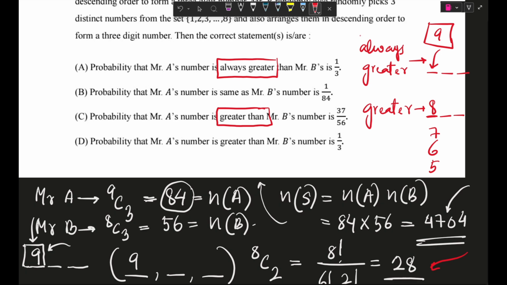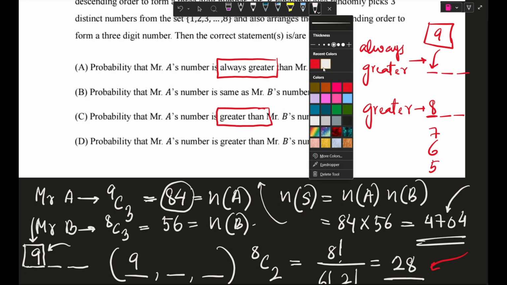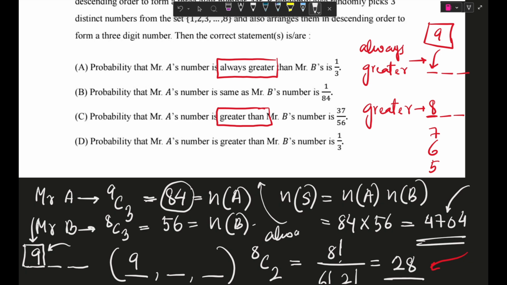Okay, I hope now it is clear. This one word always can twist your entire question. This can be the barrier between your +4 and -1, this one word always. Because people tend to make a mistake.